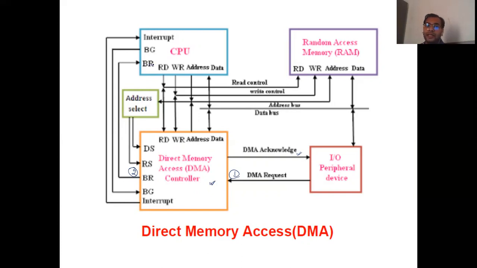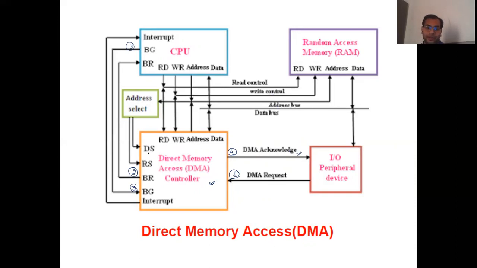As soon as the CPU gets a bus request, it will send a bus grant signal. This will be your third signal. As soon as it gets the bus grant, it will send the DMA acknowledgement that, yes, I got the buses. You can use these buses for direct transfer of data between memory and IO devices. Fourth will be DMA acknowledge.